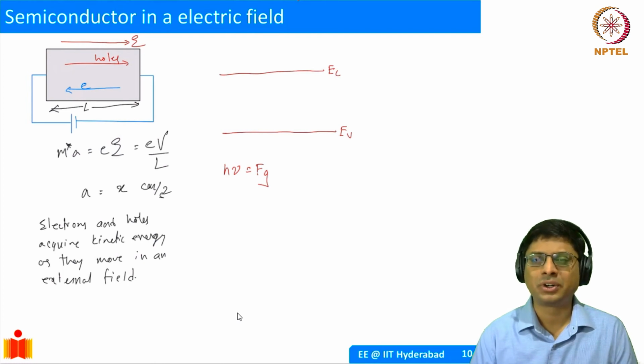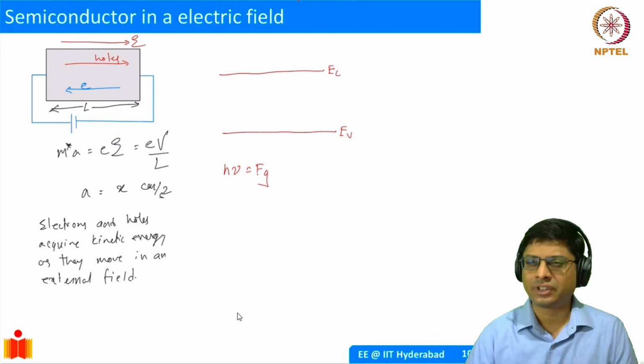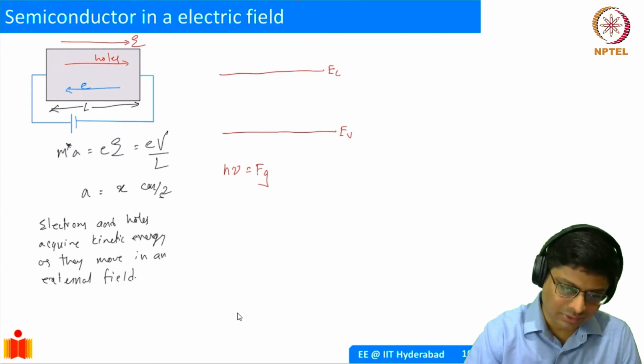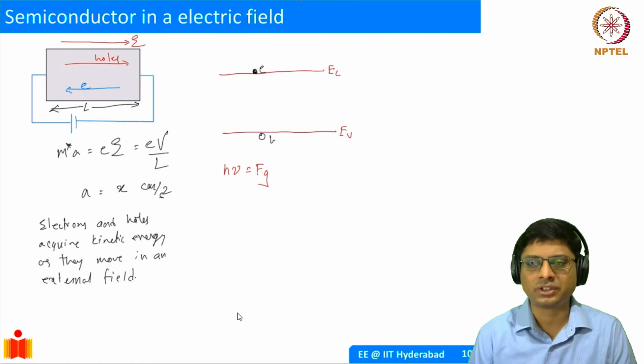They are part of the covalent bond, so they are bonded to the silicon atoms. So this photon will transfer its energy to the electron and make it go into the conduction band, right? So there was an electron here in the valence band, and that would travel up, leaving you a hole and an electron. EHP, we saw this before.